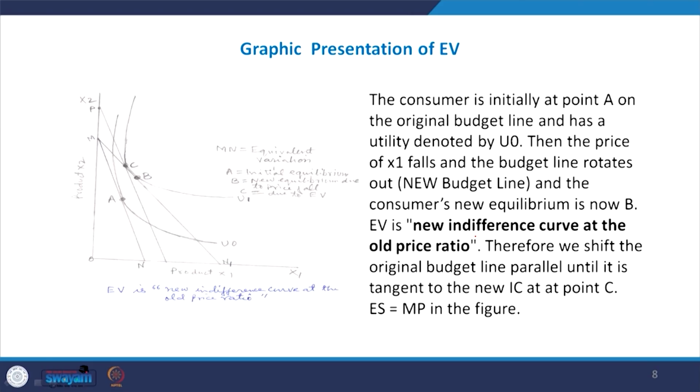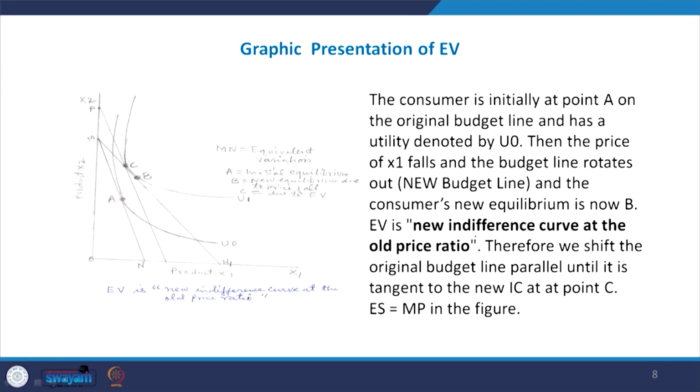Now, the price of x falls, and the consumer again reaches a higher level of satisfaction, a higher level of welfare at U1. So, movement from point A to point B is due to the change in the price of the product. The consumer's welfare improves when the price of commodity x falls.